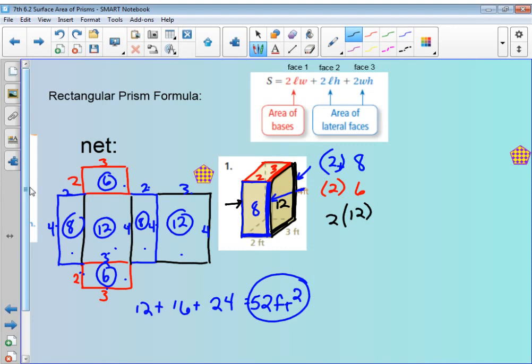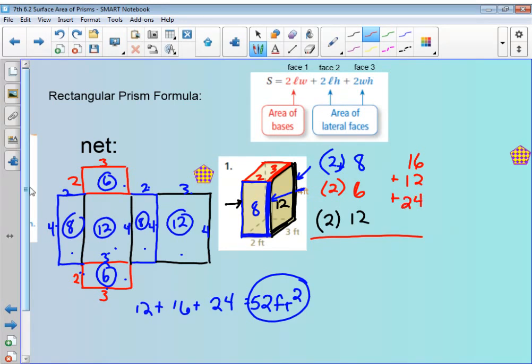Okay, so now, I put the parenthesis around the wrong one there. Okay, so then my next step would be to either go through and multiply these all out individually, or I could add them together and then take that whole thing times 2, but I'll go ahead and multiply them out individually. So 16 plus 12 plus 24.